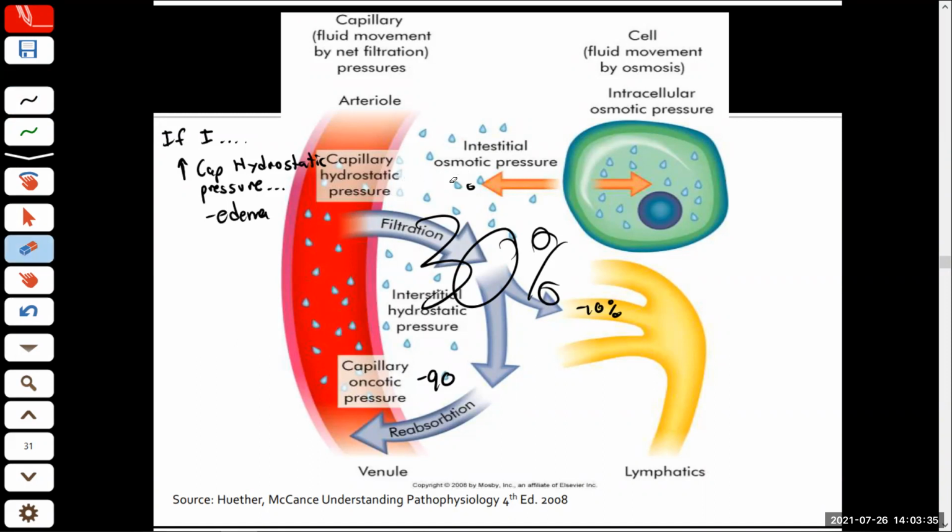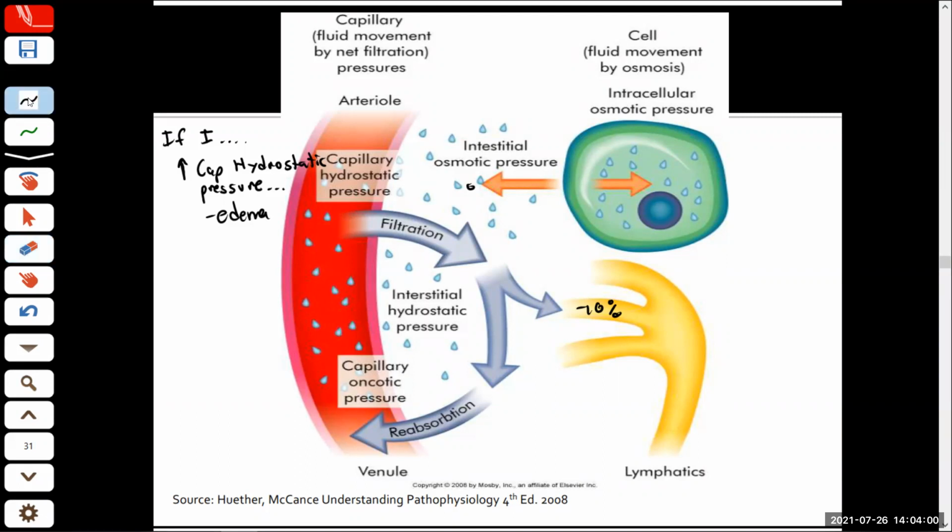What do I mean by increase the capillary hydrostatic pressure? If I increase that pressure, what pathology am I talking about? What condition am I talking about where you have a high pressure inside of your blood vessels? High blood pressure? That's sodium.